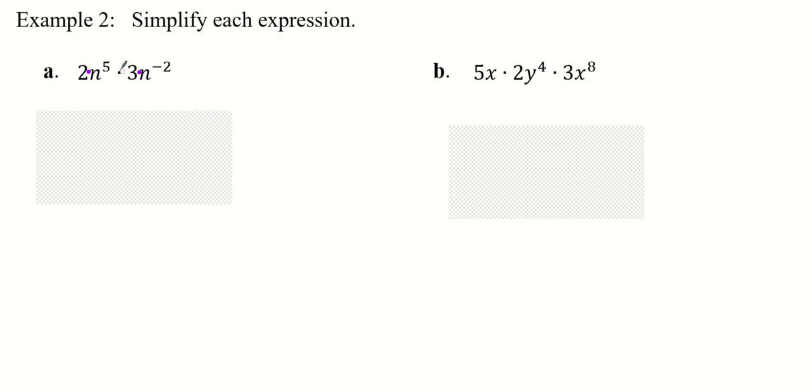So really, all of this is being multiplied together: the 2, the n to the fifth, the 3, and the n to the negative 2. And there's a certain property that we talked about last chapter that says you can rearrange things and multiply in whatever order you want. So what's that going to mean for us?